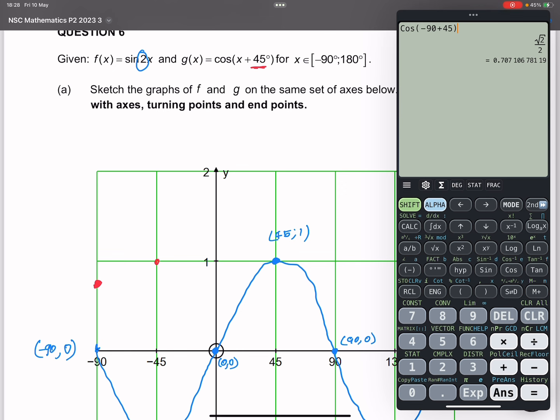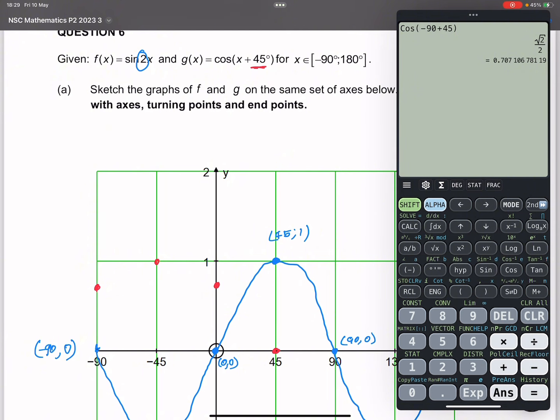Okay, so let me just bring that slightly lower. And now at 45, I can almost see what the graph is going to do. At 0, it's going to be cos of 45, which again is root 2 over 2. Now at 45, this is the same as cos 90, and cos 90, we know that this would be 0.